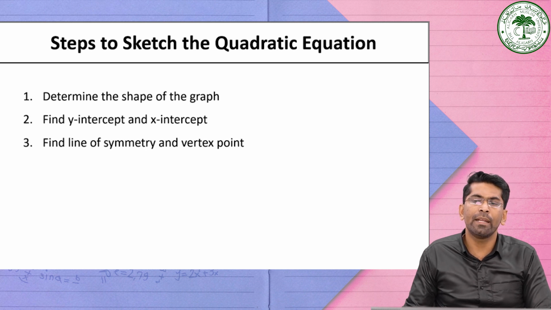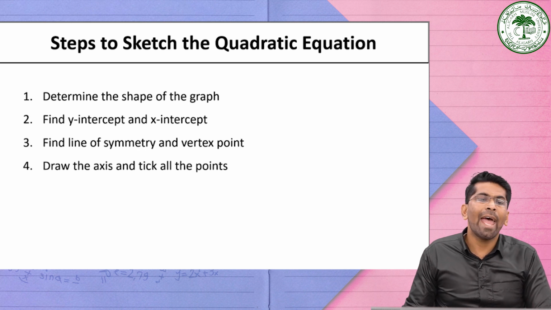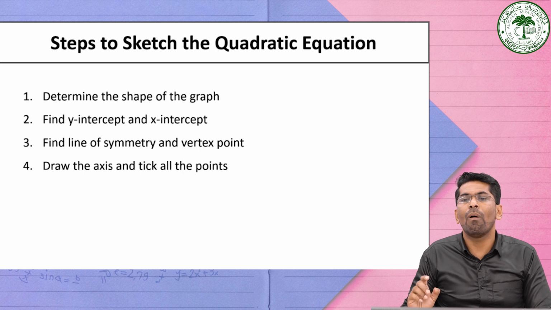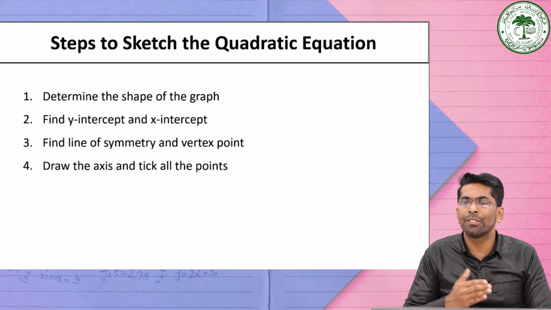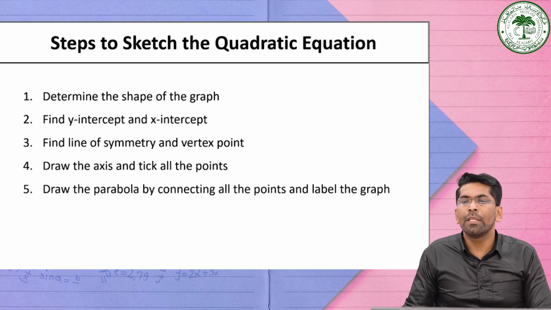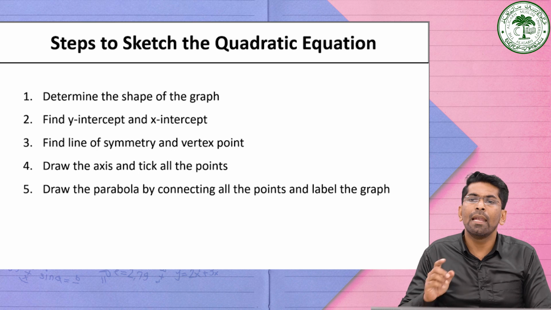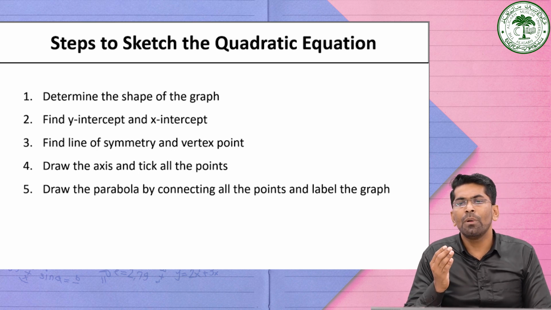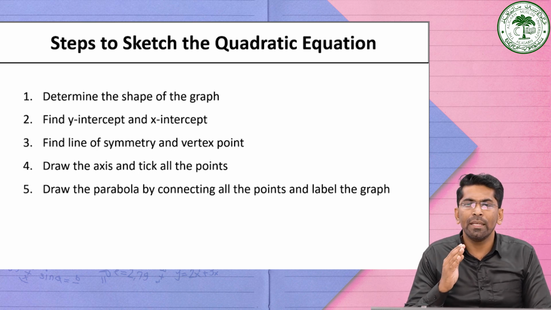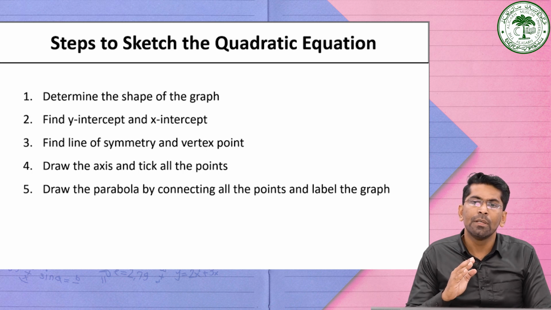Accordingly we will draw the axes and tick all the points which we have already estimated earlier, and then we will draw the parabola by connecting all the points and label the graph. We will discuss each step in detail so that the graph of a quadratic equation can be easily drawn.